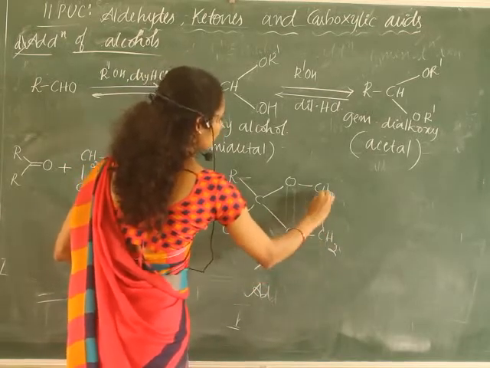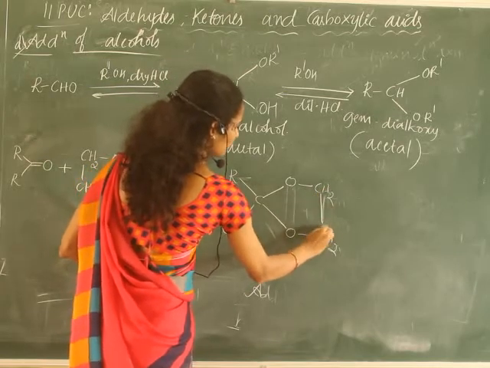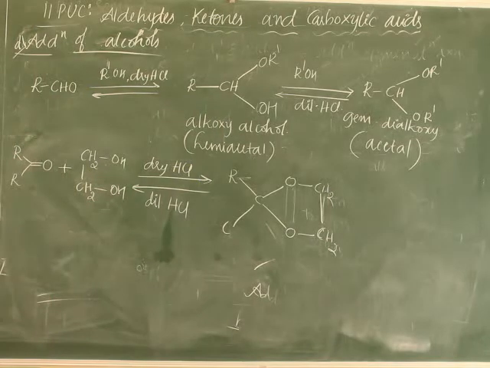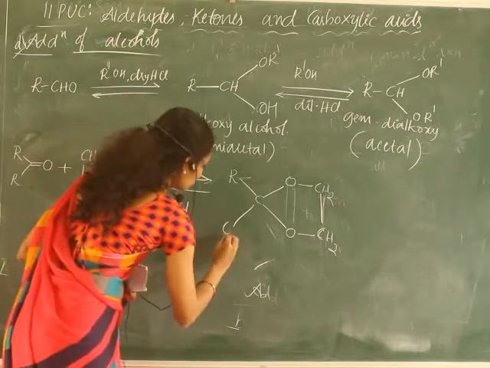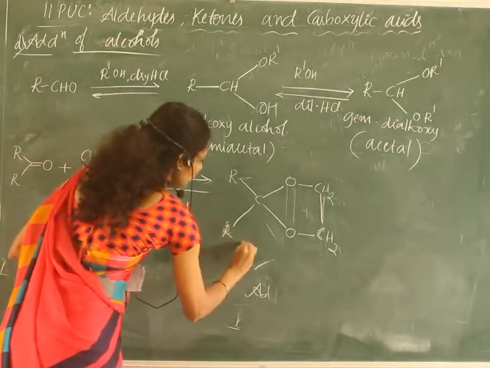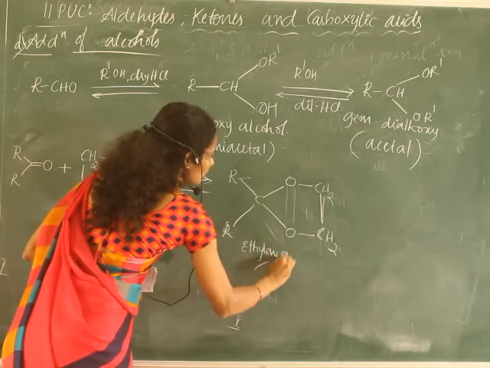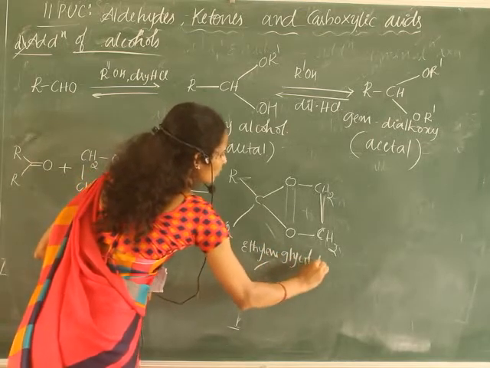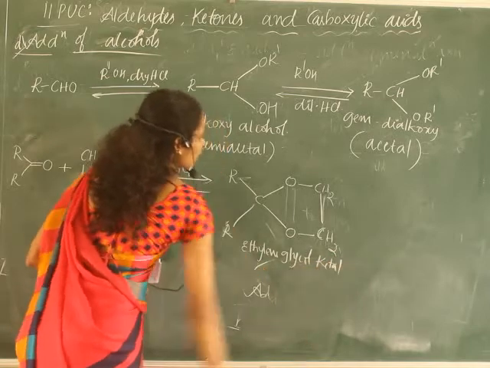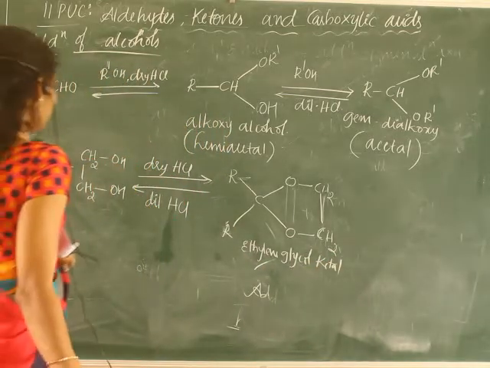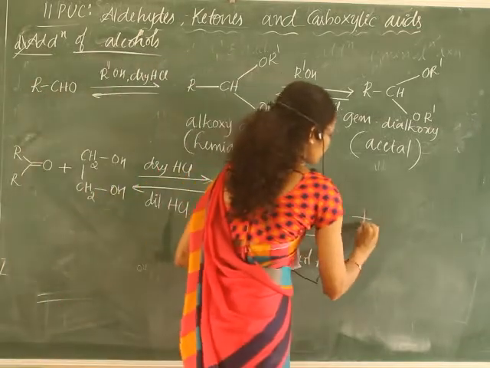This results in the formation of a cyclic product and is called ethylene glycol ketal, and the remaining is water.